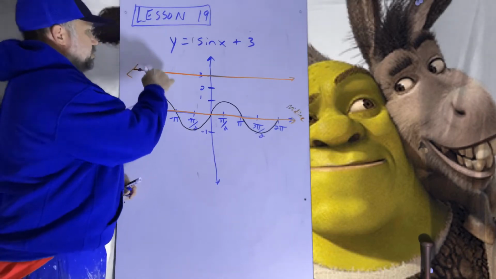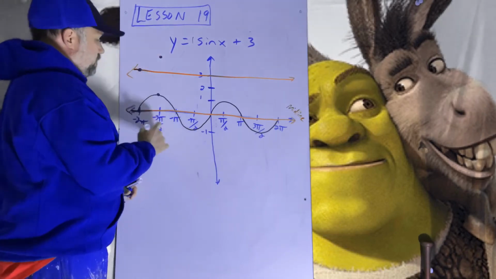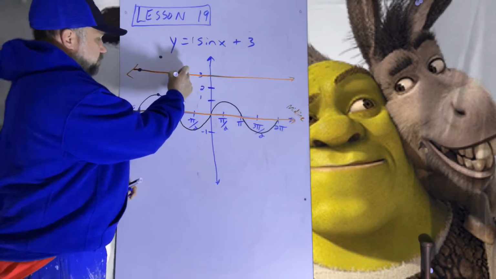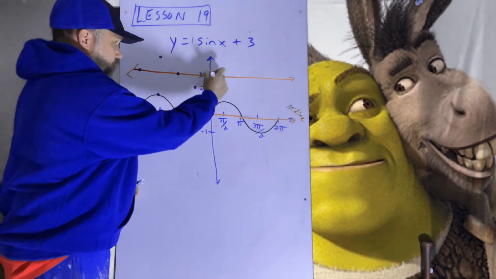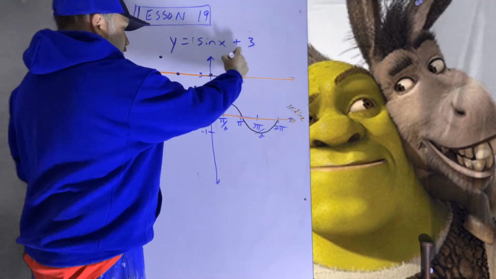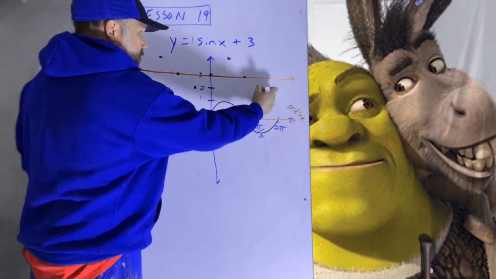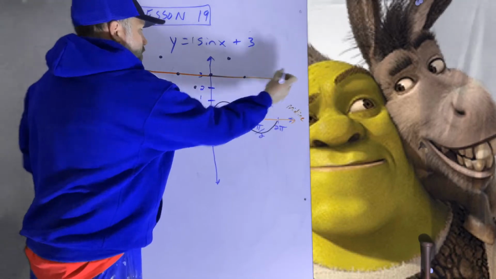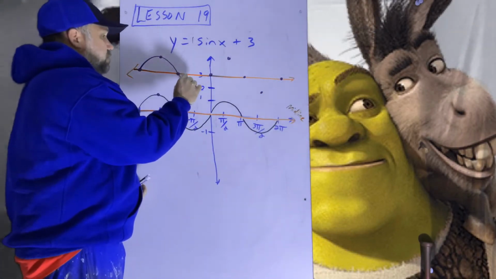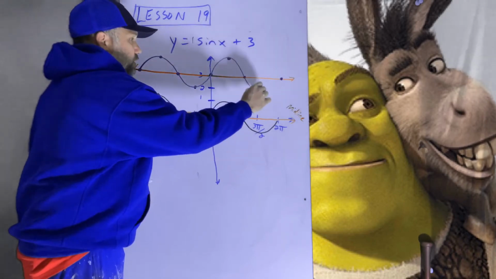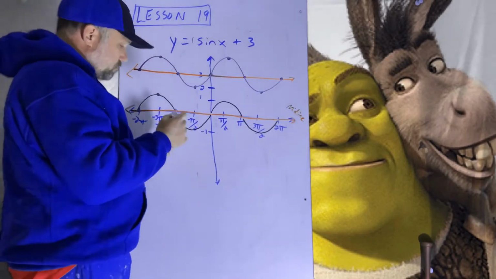This point slid up 3 units will now be up here. This one will now be here. This one will be here. That one there, and that one there. And when I reconnect all of my new points, there is my new sine graph.